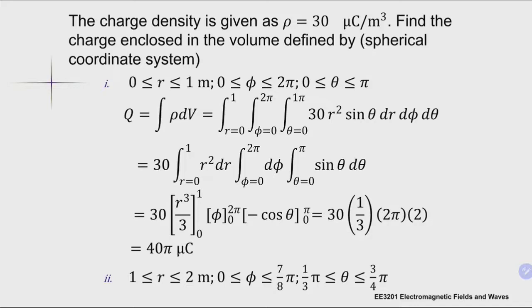The dV is equals to r squared sine theta dr d phi d theta. And then we have our limits for the r equals to 0 to 1. And then for phi is 0 to 2 pi. And then theta is 0 to pi.